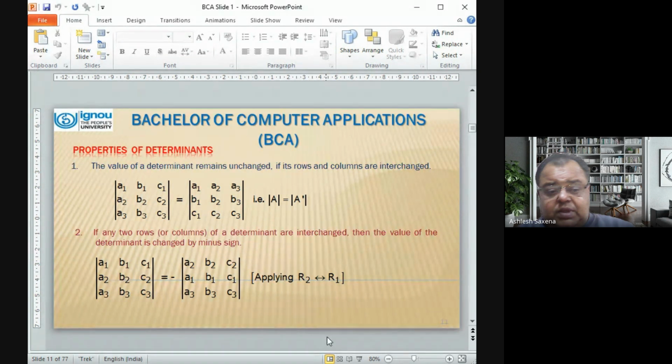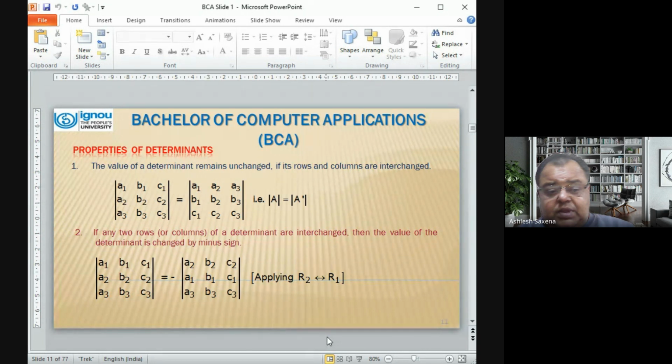Now, if any two rows or columns of a determinant are interchanged, then the value of the determinant is changed by a minus sign. In the earlier problem, I had changed everything. In the second one, I am changing only two rows with two columns.